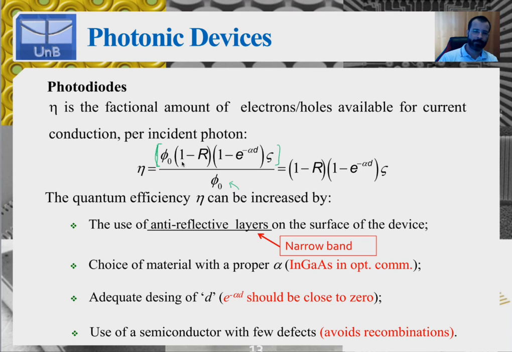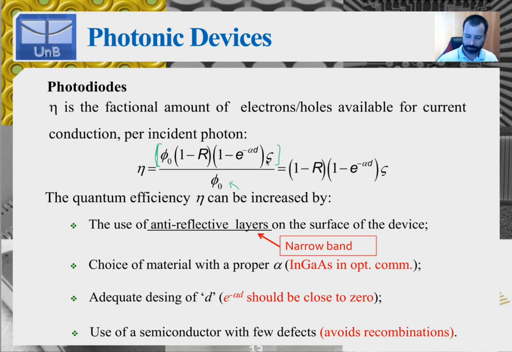So for example, if this is the incident photon rate, this quantity, as we've seen, is the actual photon rate which enters the device through the interface with air, right? And this term here gives us the fraction of this which is actually absorbed by the material, right? Because in order to generate electron hole pairs, the photons need to be absorbed.